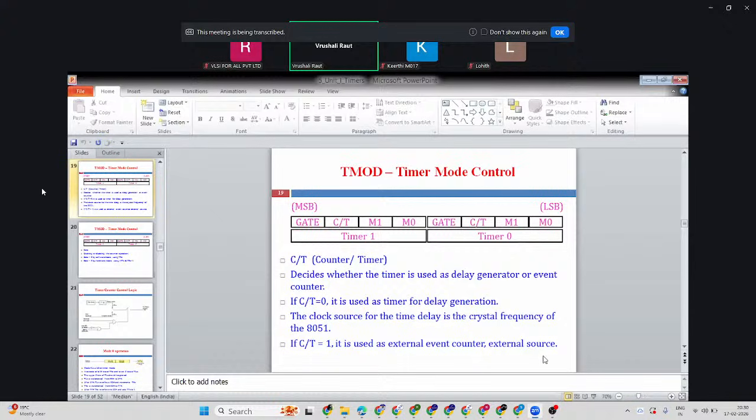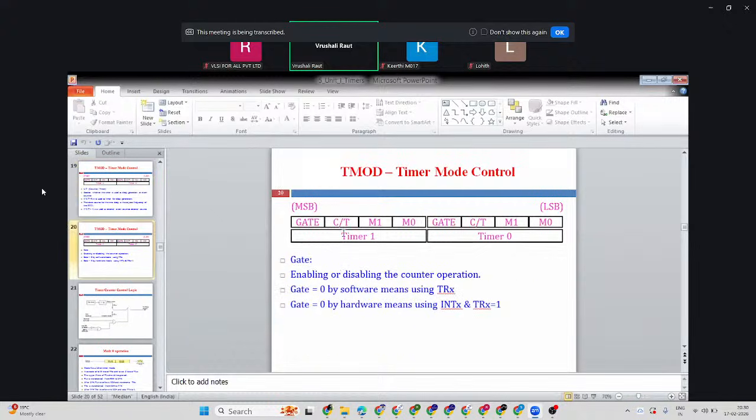Did you get it? We have seen these three signals. This is for mode selection and this is for selection of timer/counter. Okay, the last one is remaining: this GATE. Gate enables or disables the counter operation. Gate equals 0 means by software, using TR.